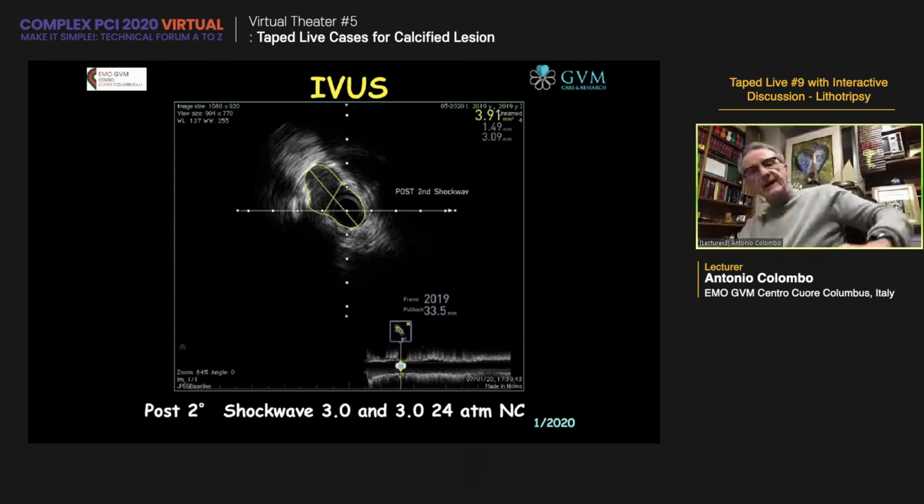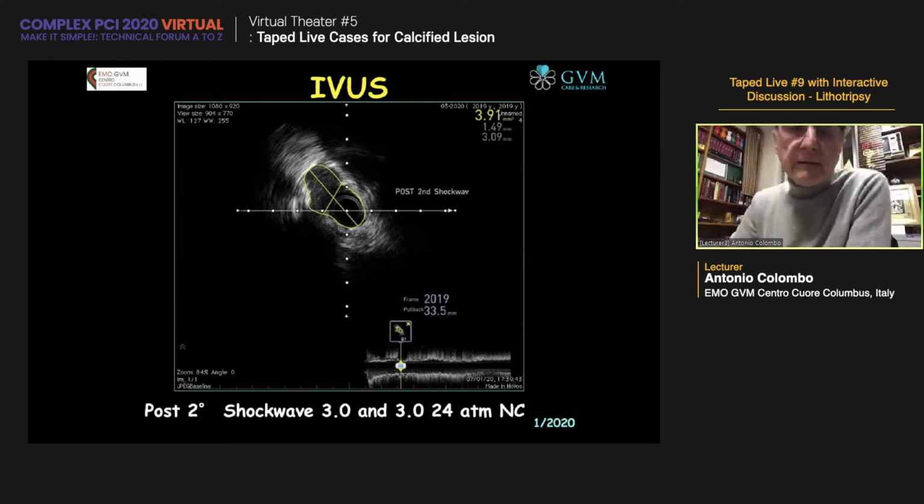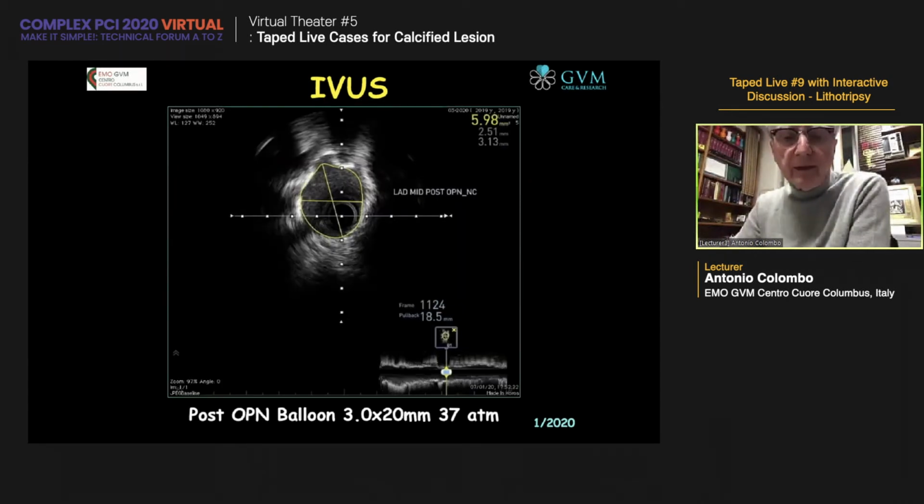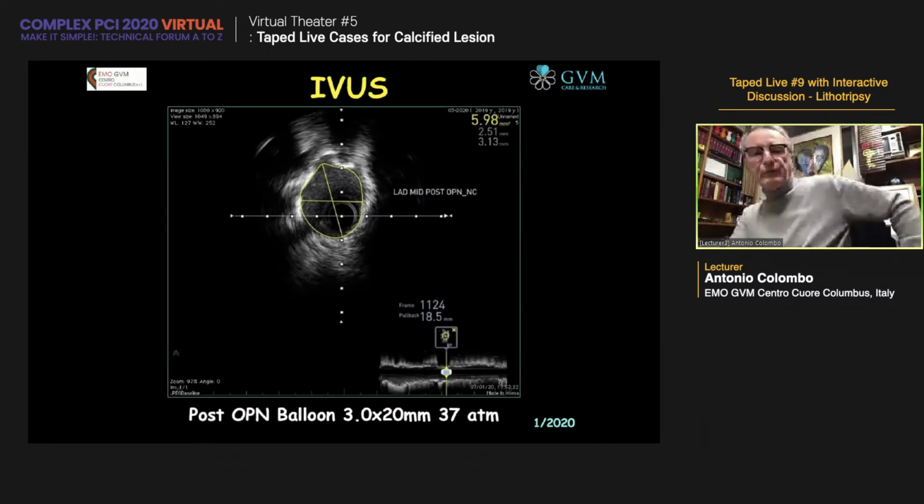And you see again incomplete or asymmetric stent expansion. Then we went with the OPN balloon at 37 atmospheres, and now you see a big difference. The stent is fully expanded.